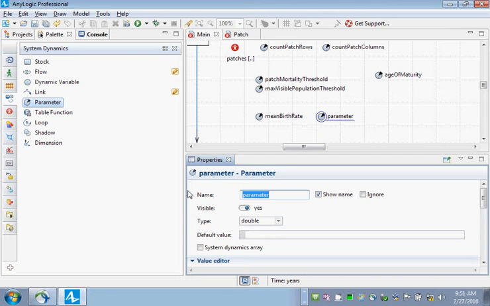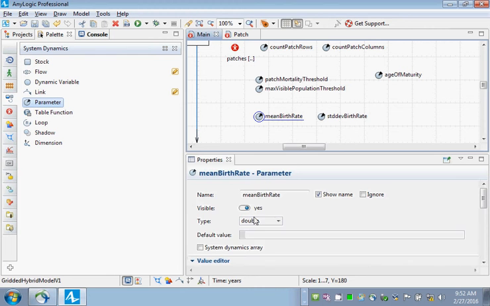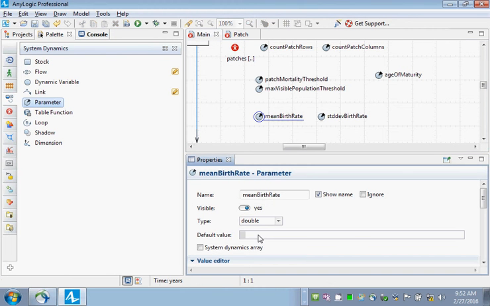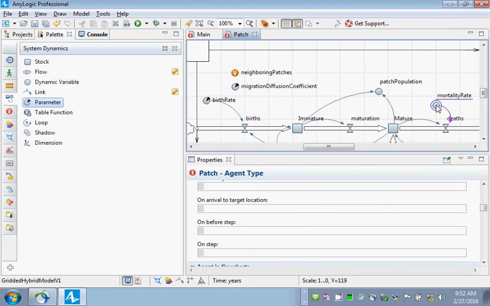Next, in the patch, we're also going to take mortality rate, which has uncharacteristically been a dynamic variable. We're going to delete that, get rid of this link, and go to main and insert into main a parameter called mortality rate.